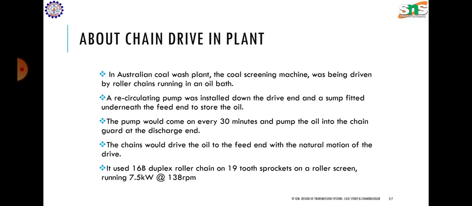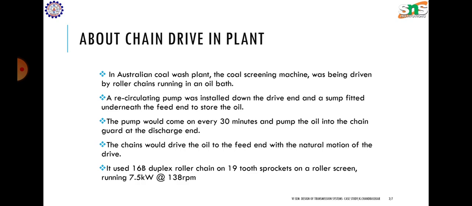A recirculating pump to pour the oil is placed at one end of the roller chain and at the other end. That means at the driving end of the roller chain there is a discharge end, and at the driven end there is a sump.